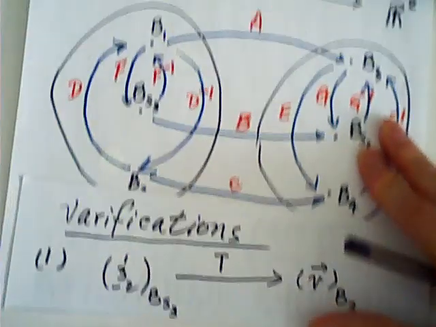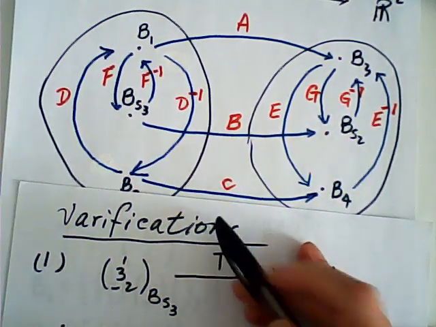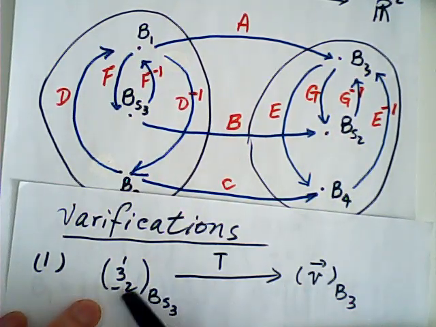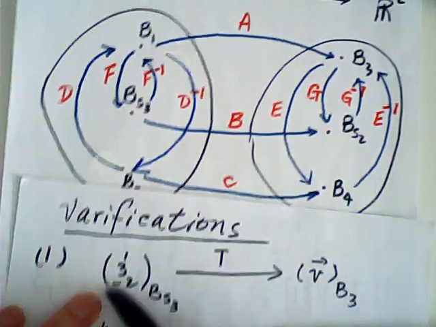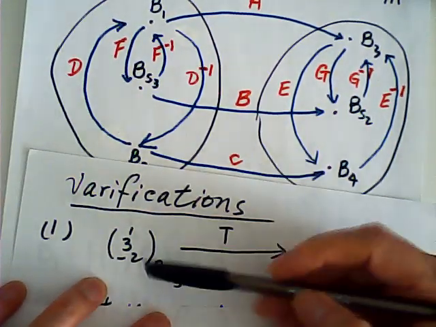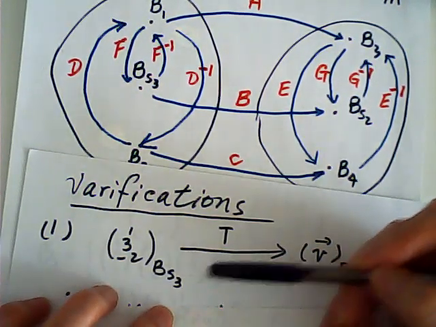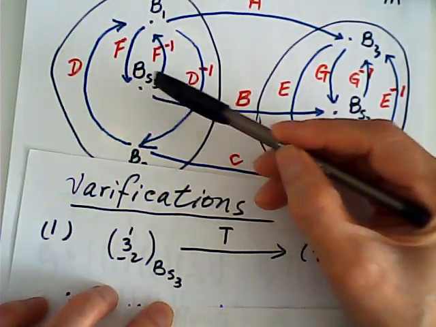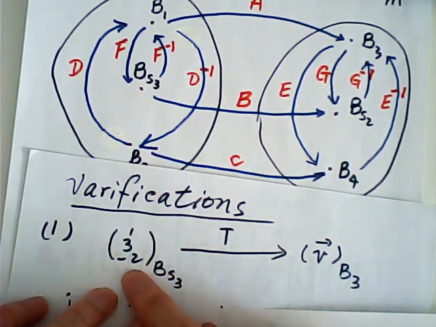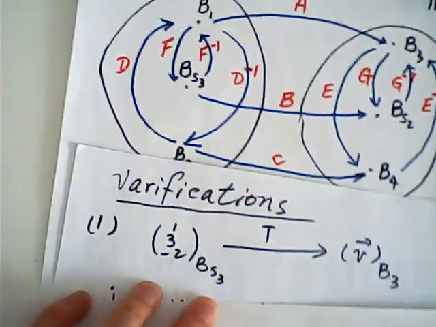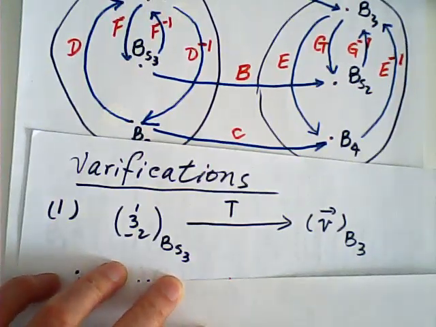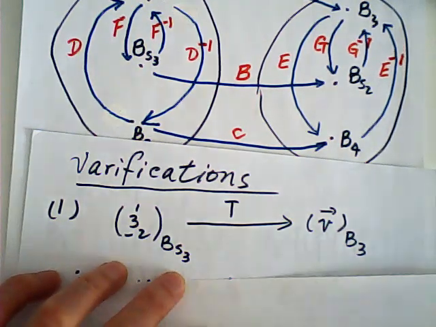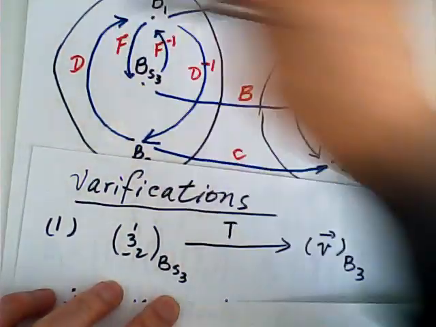First example, we pick up this vector in a standard basis. BS3 is this. So (1, 3, -2) is a vector with respect to the standard basis in R3.